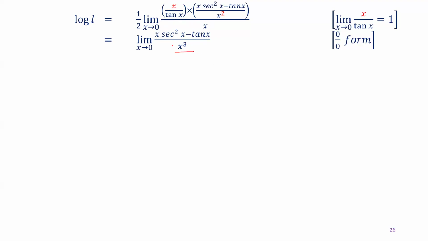If we substitute the limit, it is nothing but 0 by 0 form, because sec 0 is 1, 0 into 1 is 0, tan 0 is 0, and upon 0. So it is 0 by 0 form. If it is 0 by 0 form, we again apply L'Hospital rule.